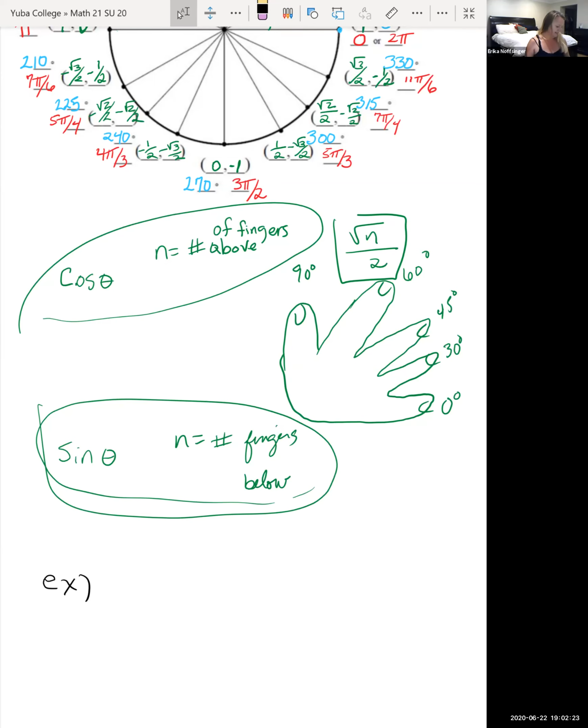So let's say it says find sine of negative 9 pi fourths minus tangent of negative 9 pi fourths.